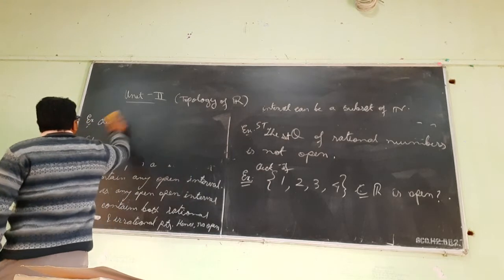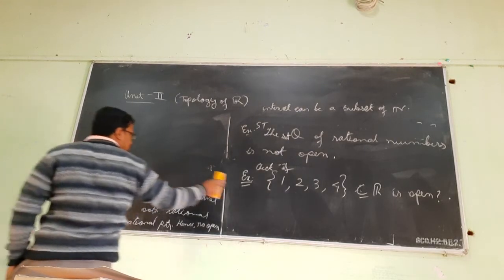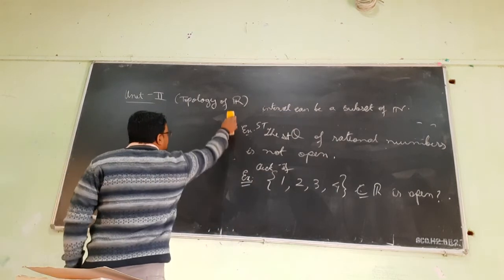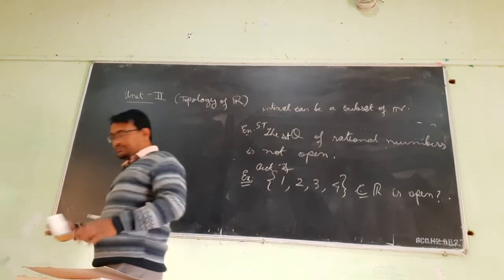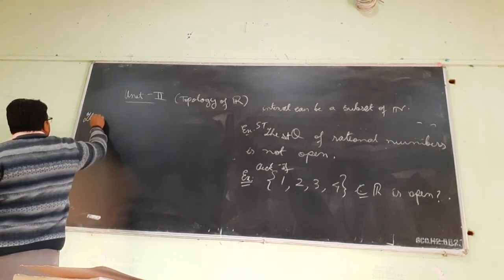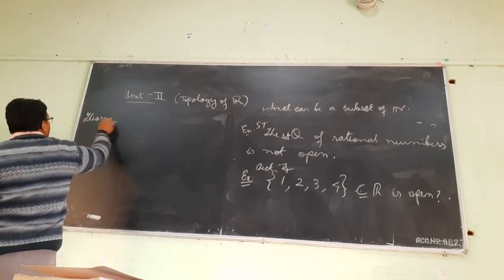Now we have a theorem: if you take the union of two open sets, you will get an open set. The union of two open sets is open.